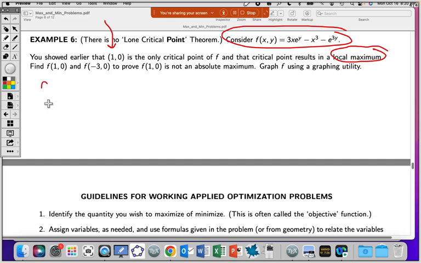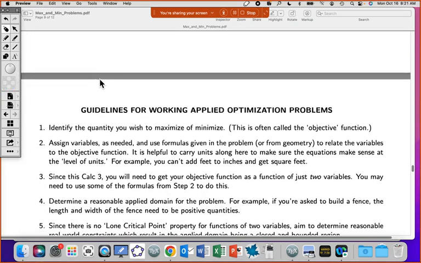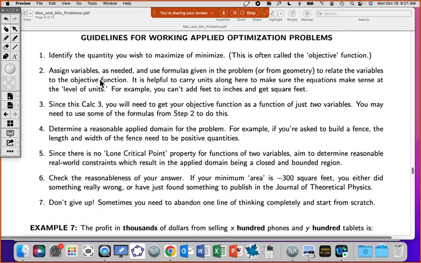But if you look at f(1, 0), and then compare that to f(-3, 0), f(-3, 0) is actually bigger than f(1, 0). So it's not an absolute max. And then I encourage you to fire up Desmos to see that. So we want to keep this in mind today, because some of these application problems in Calc 3 are going to have some extra thought behind it.